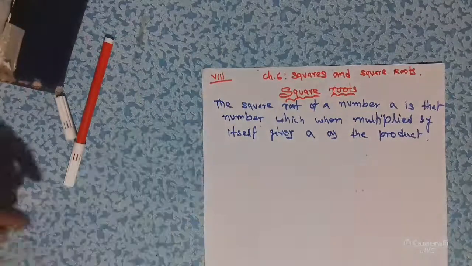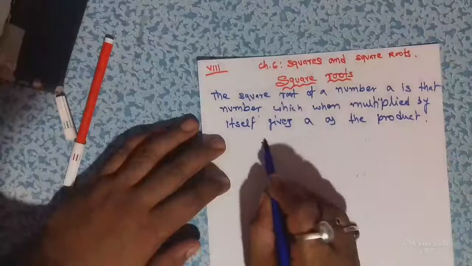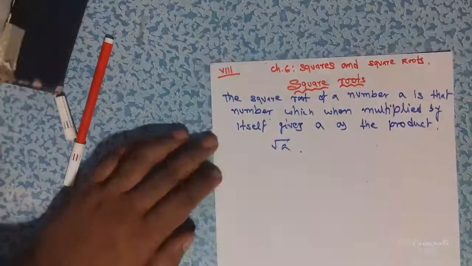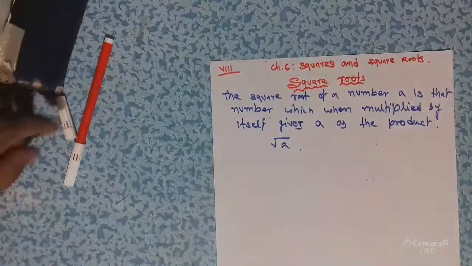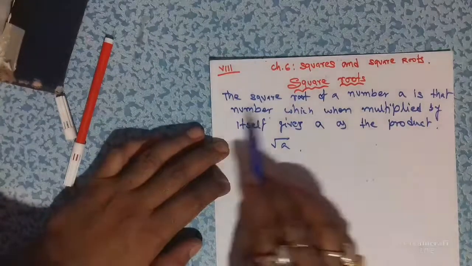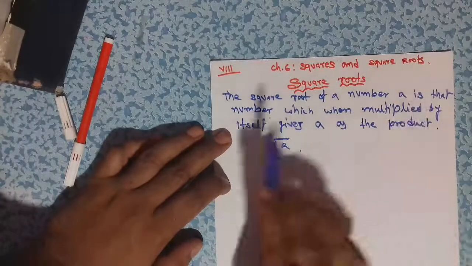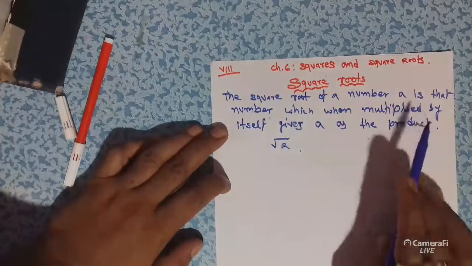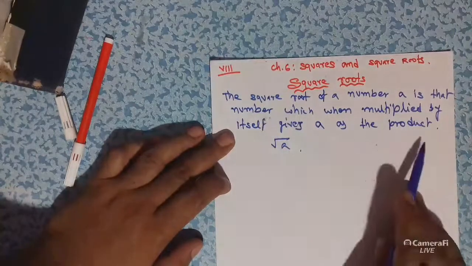Okay, and it is denoted by root over A. Okay, so this is the definition of square root. The square root of a number A is that number which, when multiplied by itself, gives A as the product.